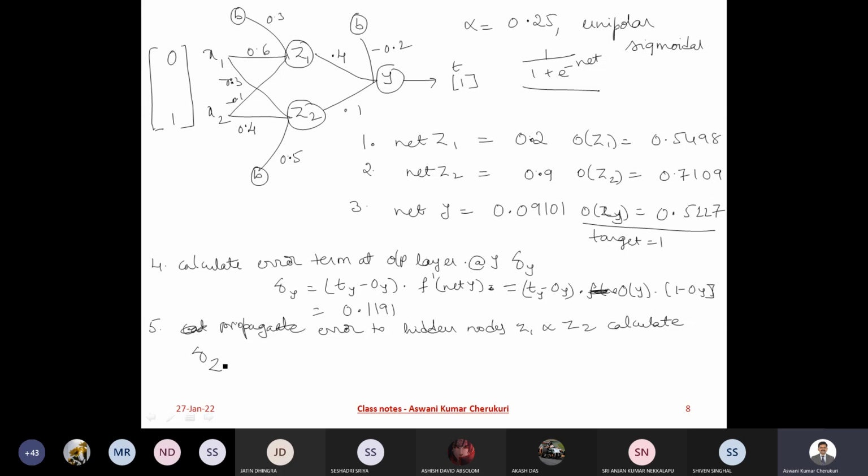So what is del z1? Del z1 is the error at z1. What is the way to calculate the error at z1?